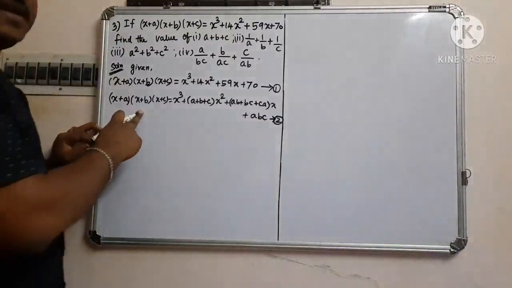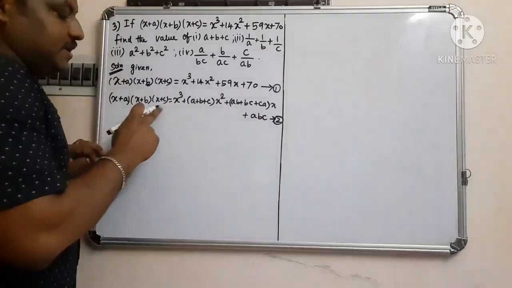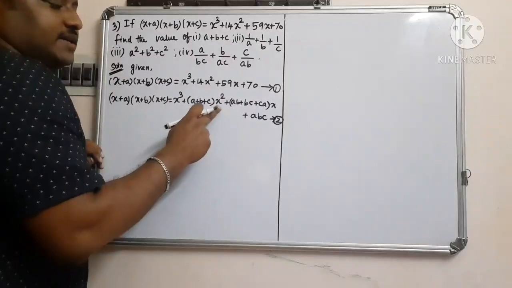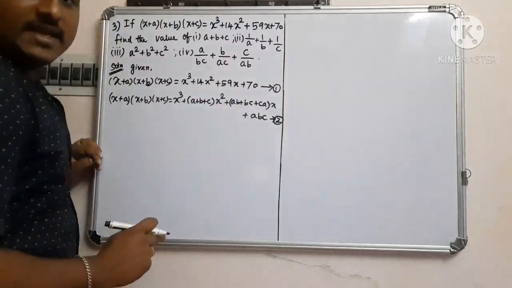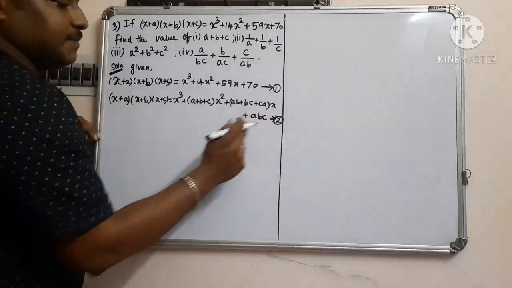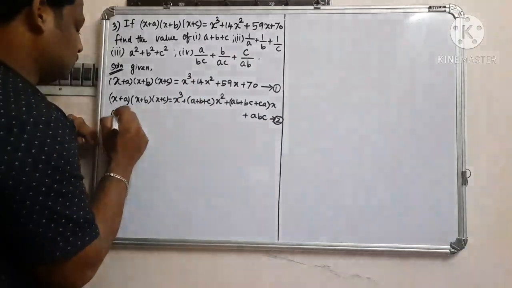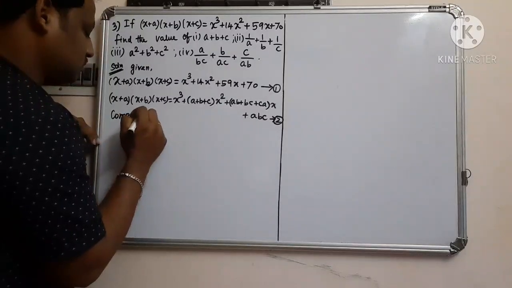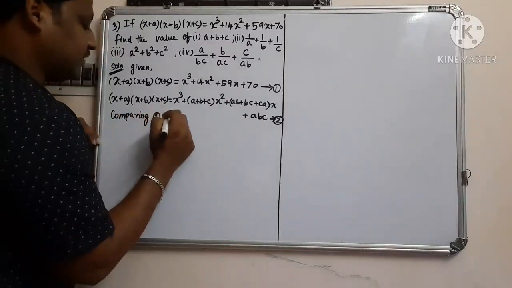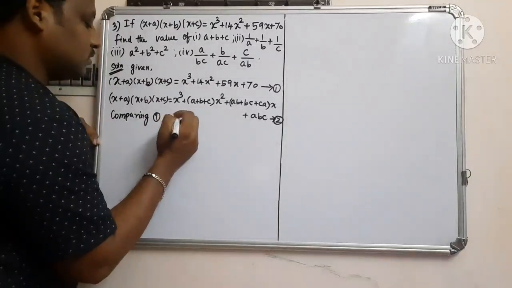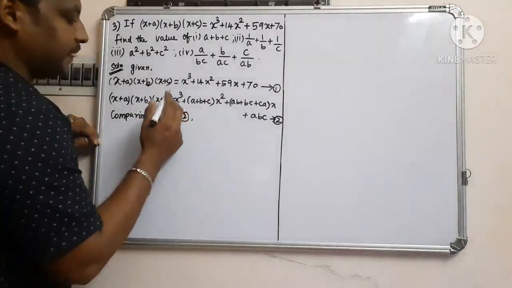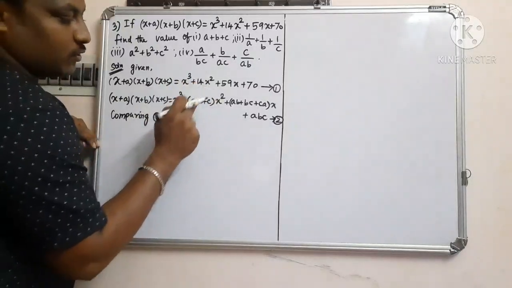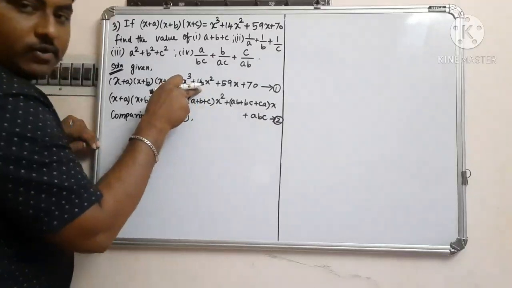We know the formula (x + a)(x + b)(x + c) is equal to x cube plus (a + b + c) into x square plus (ab + bc + ca) into x plus abc. So comparing equation 1 and 2, x cube is the same and cancelled, and in the x square coefficient, instead of a + b + c, here 14 is there.